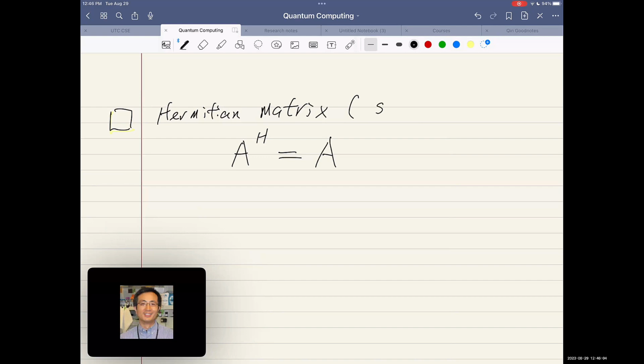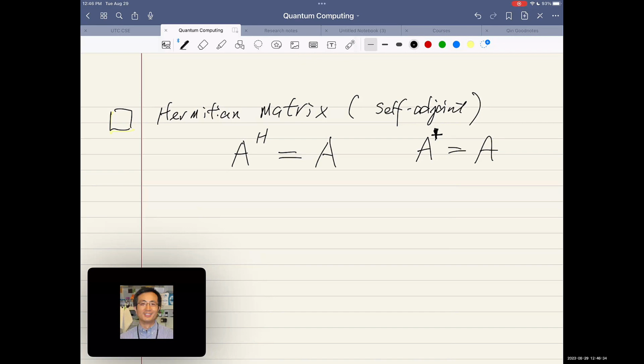It's also called self-adjoint. The book used a dagger, but that is really hard to write by hand, so using an H is much easier.